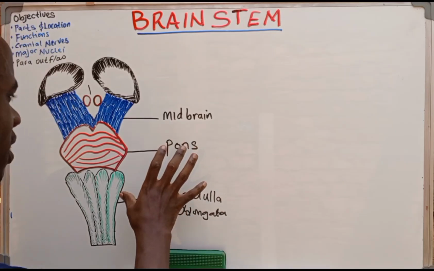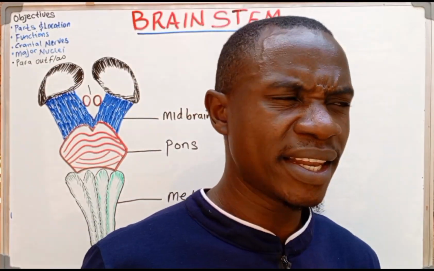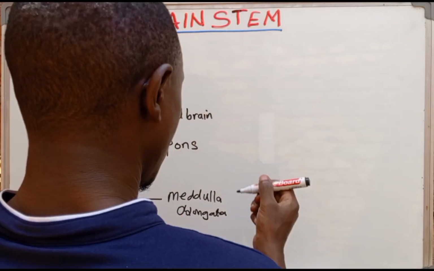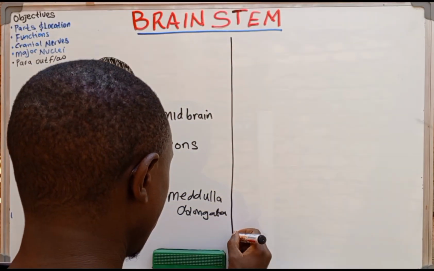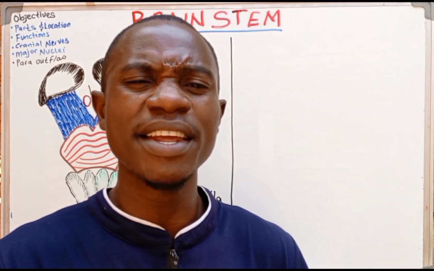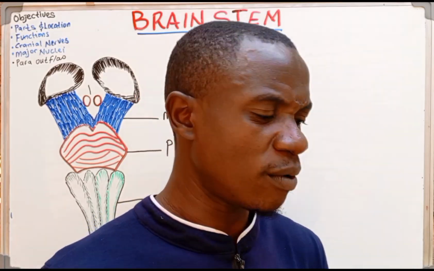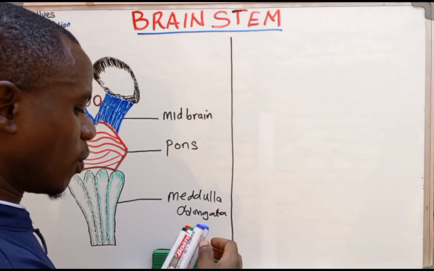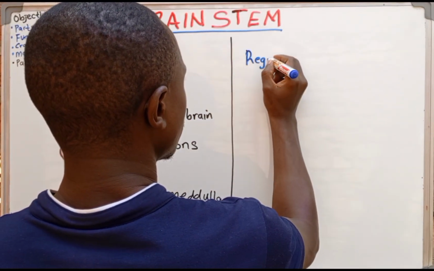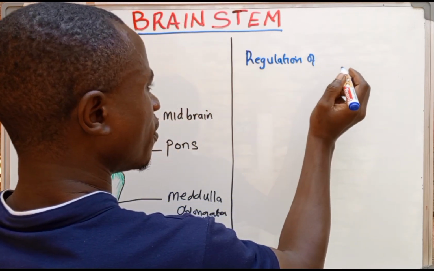Now, having seen all this, let's briefly look at some of the functions played by the different parts of the brainstem. The brainstem generally plays very many roles. We cannot finish them now, but we are going to talk about a few of them, okay? First of all, we have regulation of the following.